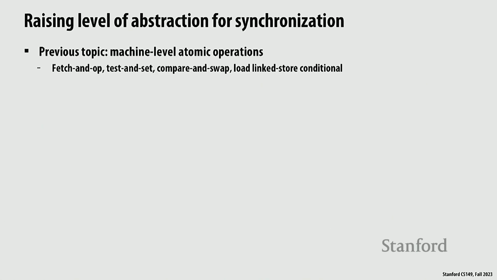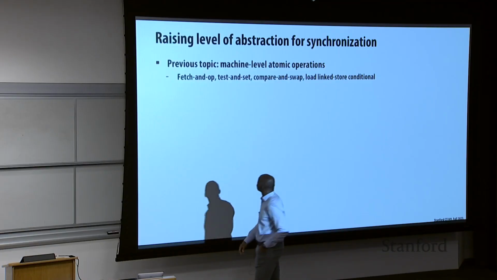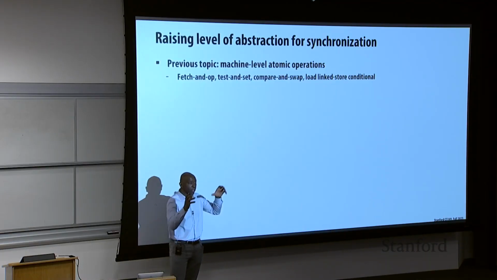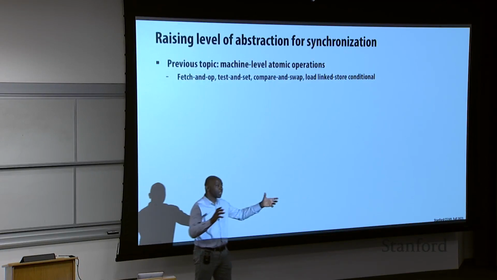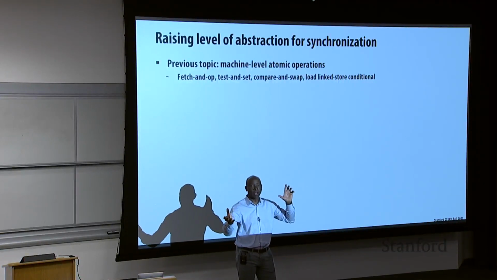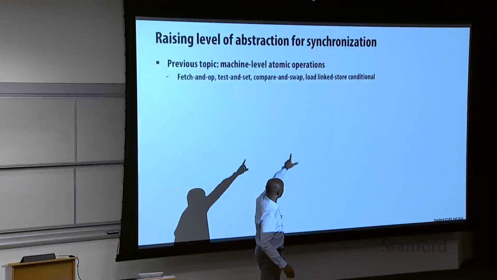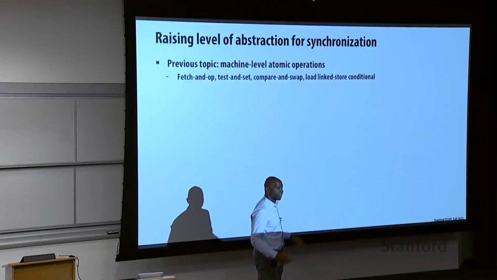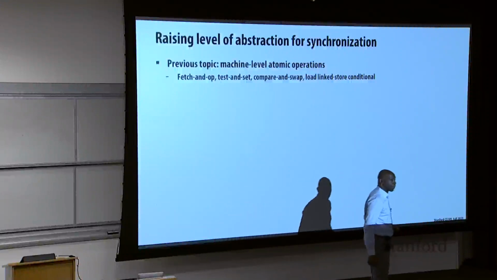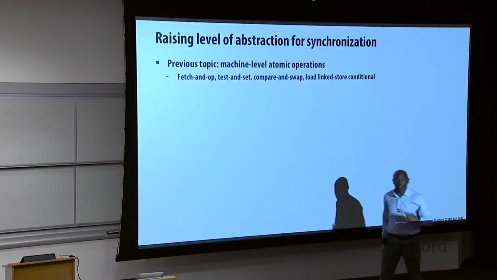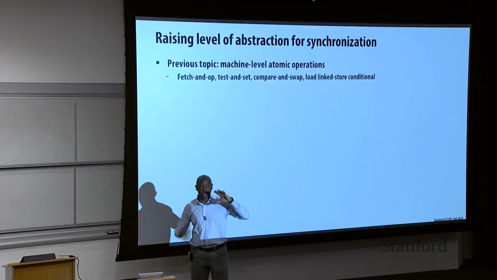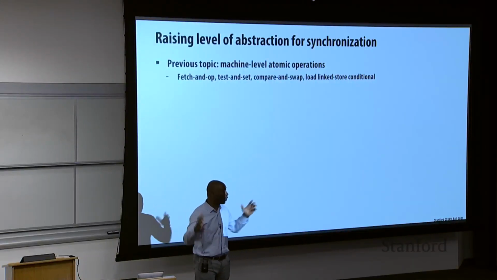You could have fetch and op, test and set, compare and swap, and then we said that on modern systems, they actually break these into two different memory operations, load linked and store conditional, and the coherence system connects them together and makes them atomic. All right, so the key thing you need to implement synchronization primitives is an atomic load and store, right?